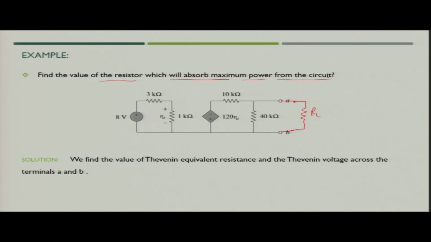So, what we have to do? We have to first find the Thevenin equivalent resistance as well as the Thevenin voltage across the terminals A, B. First we will short circuit the independent voltage source, leave the dependent source as it is in the circuit, and then we connect a voltage or current source to solve the circuit and find the value of RTH.